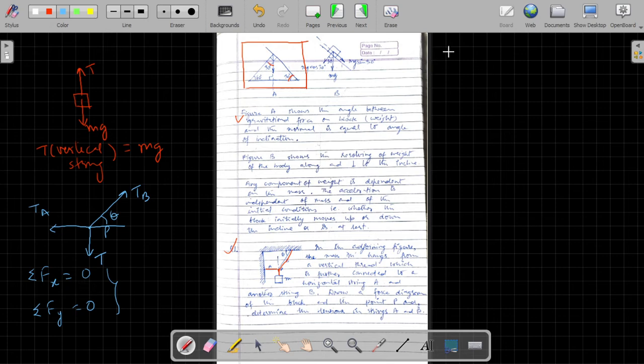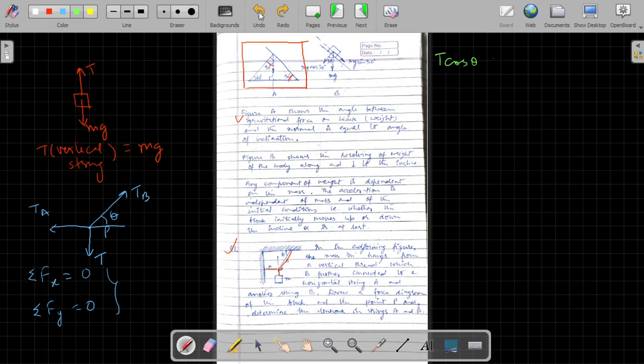In x direction, the force we are considering is TB cos theta, and that is equal to m into acceleration, which is 0. But this is not the only force acting in the x direction. There are other forces also.